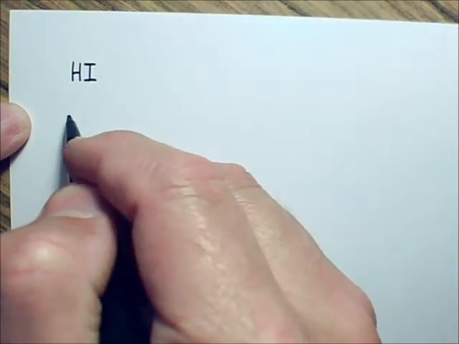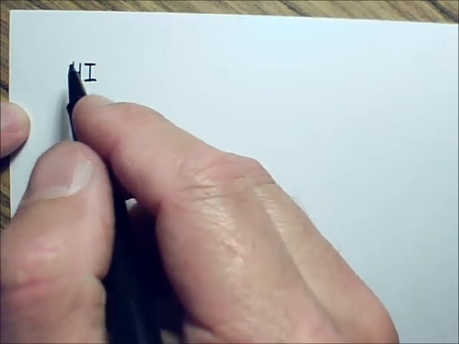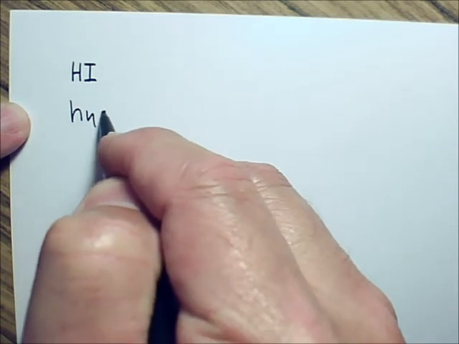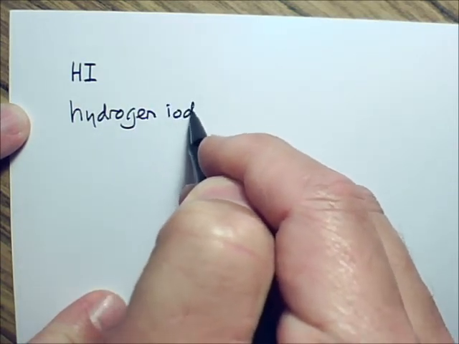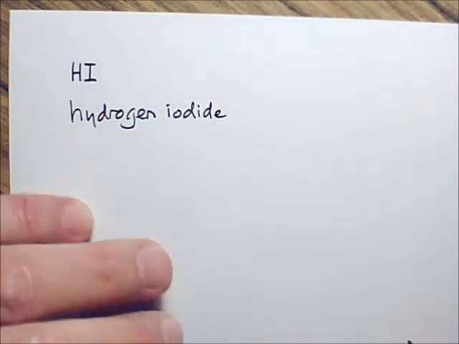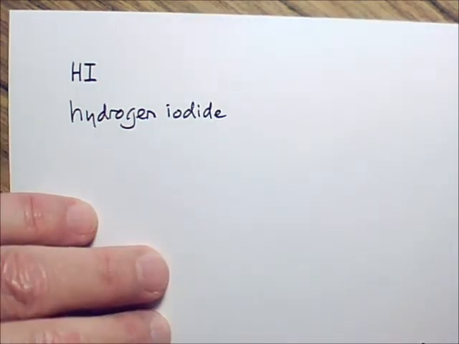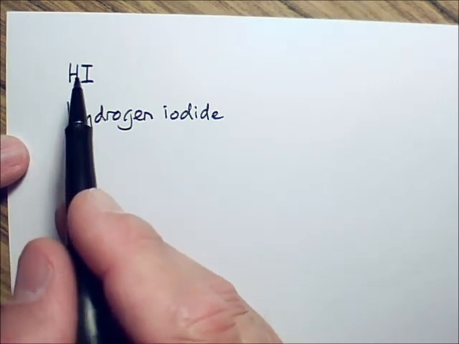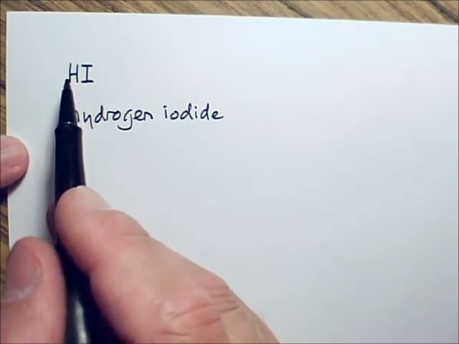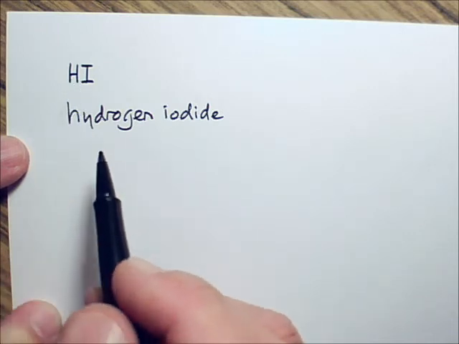Okay. So you first name this like an ionic compound. Hydrogen iodide. Okay. So when we learn to name ionic compounds, we learn to name it like that. This is a binary acid. 2 elements, but not necessarily 2 atoms. That's what a binary compound is. This is a binary acid.